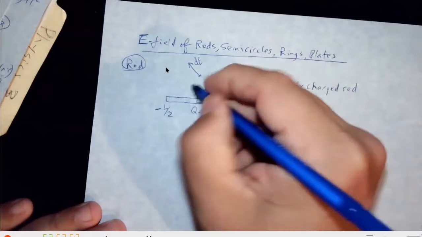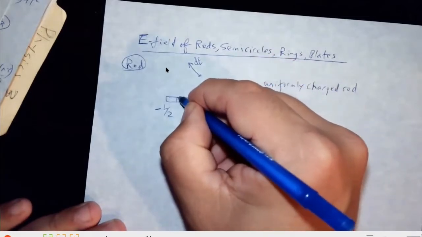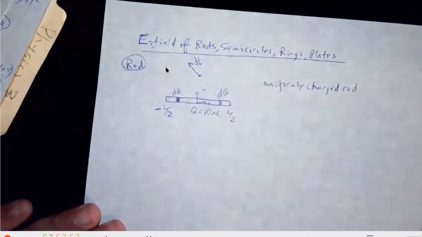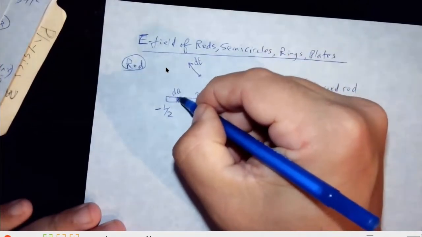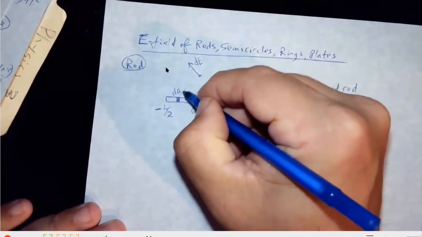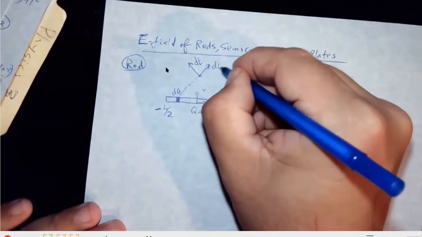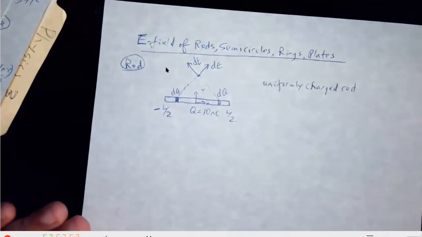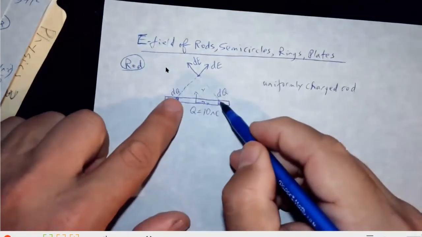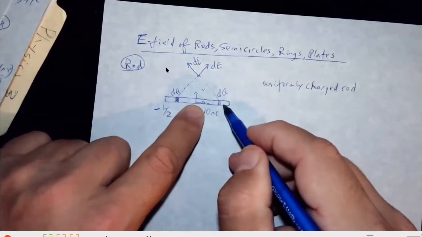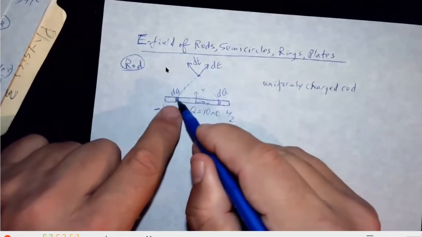Then we take another piece from here, another dq, and this one creates an electric field dE away from it. Because the rod is symmetric, whatever is on the right side of the origin is also on the left side.